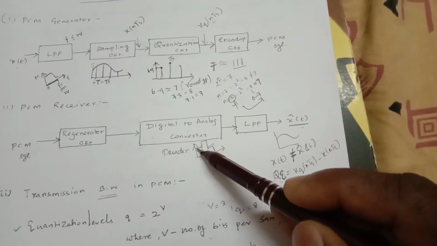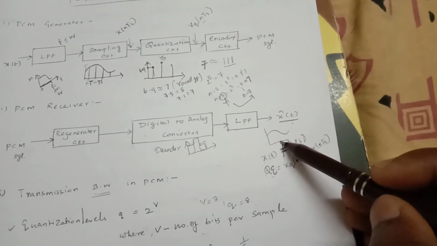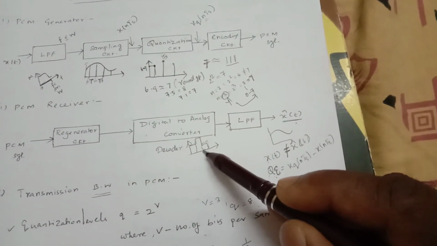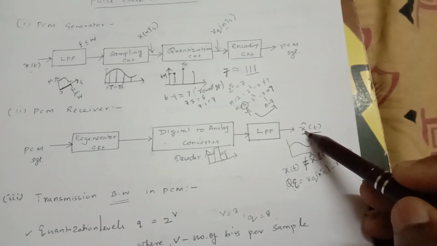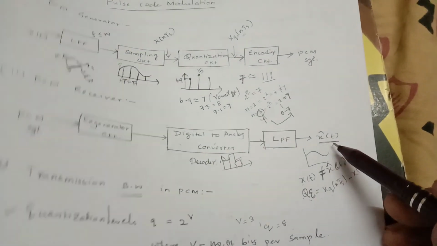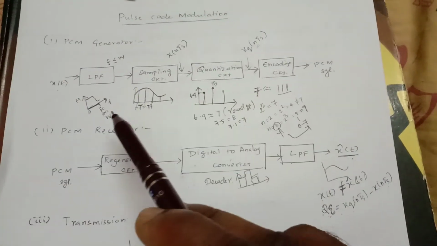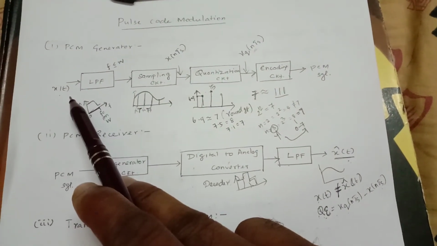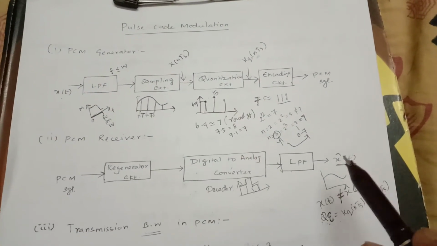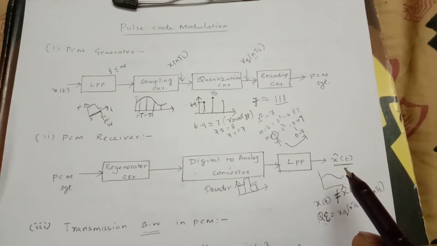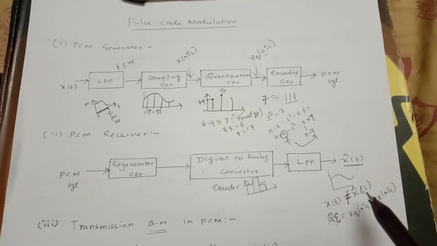It recovers the original signal from the stepped response, and this output is denoted as x cap of t. Whatever signal x of t we applied as an input, in a similar way we have retrieved the signal x cap of t from the low pass filter, so they should be equal.